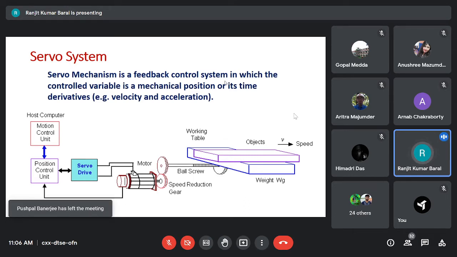Not only machine tool, but also in various other industrial applications and robotics, particularly. Servo mechanisms are employed in robotics for position control, velocity control, pose control, like that, and interaction with the environment.